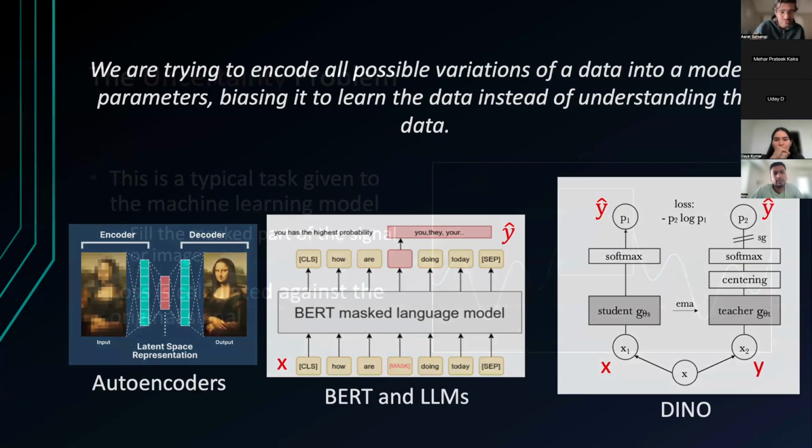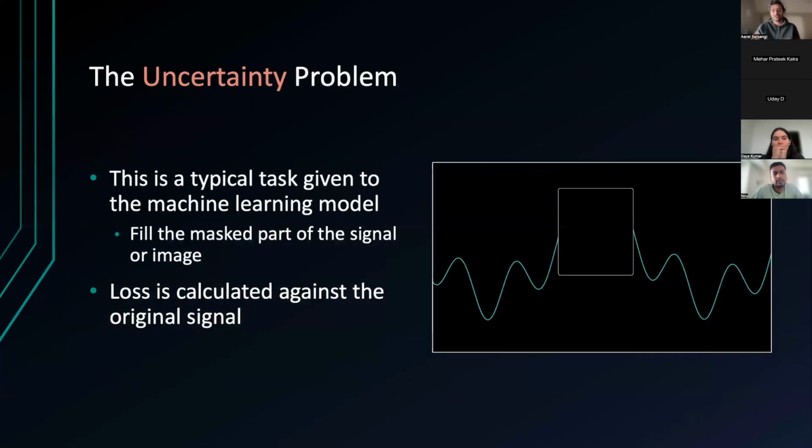In this example, this is how you train in self-supervised learning, right? You mask a part of the signal, or a part of the image, and then tell the model to fill this in. The problem here is that in generative architectures, and any other kind of architectures, you are just telling the model to fill this with just one thing.